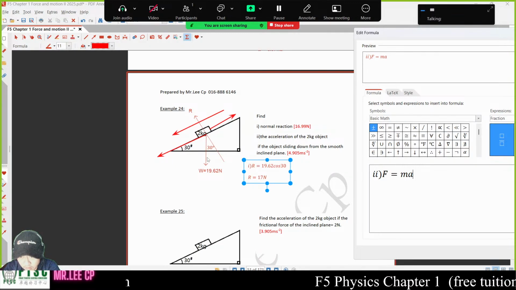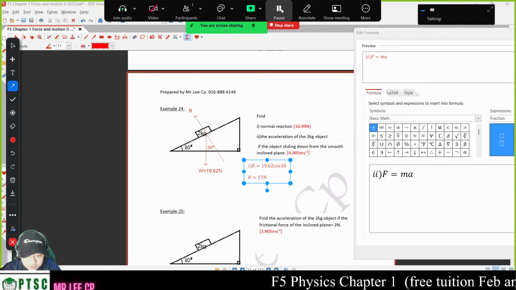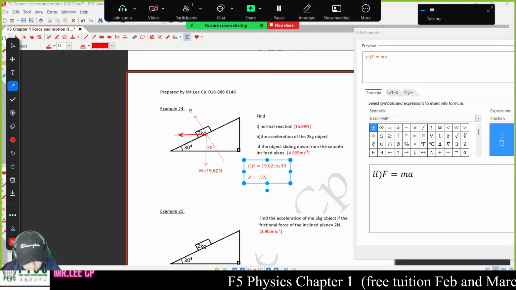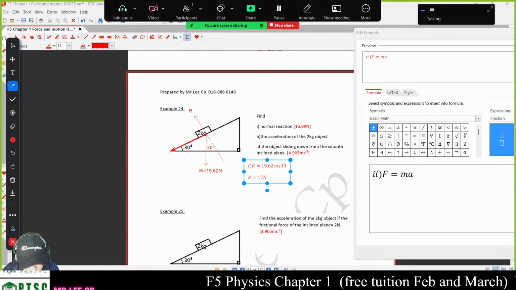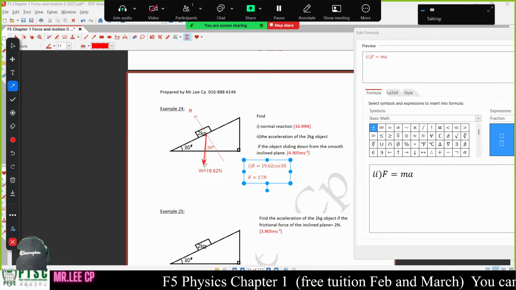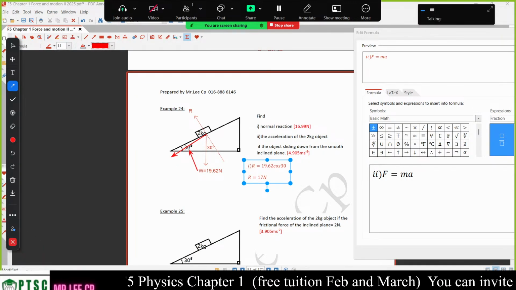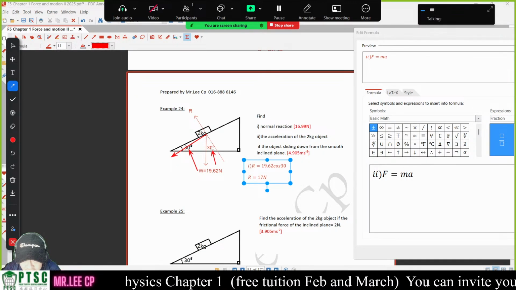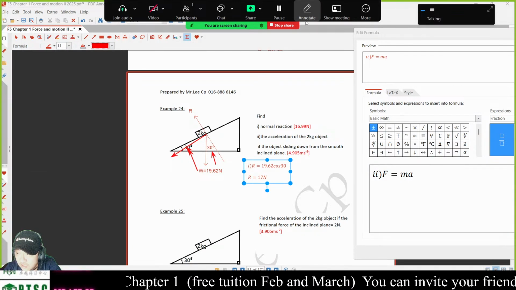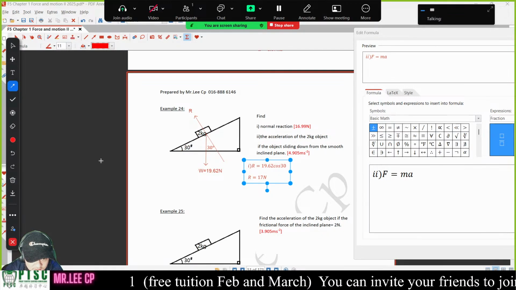So 19.62 I bring to here. Now when I bring to here, touch or not touch 30? Not this 30, the angle that you use must be the angle at the anchor.